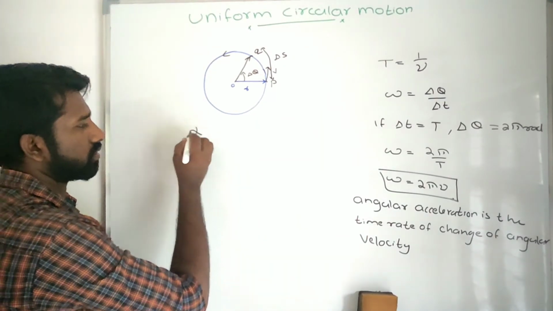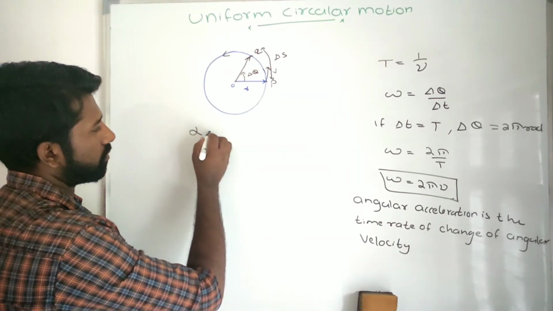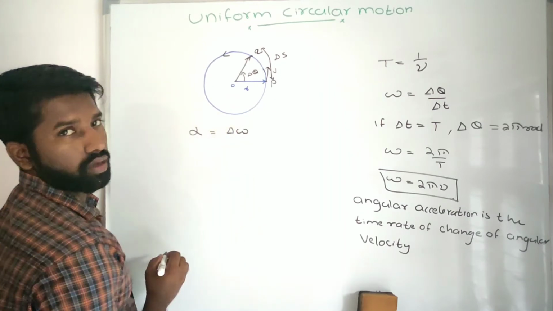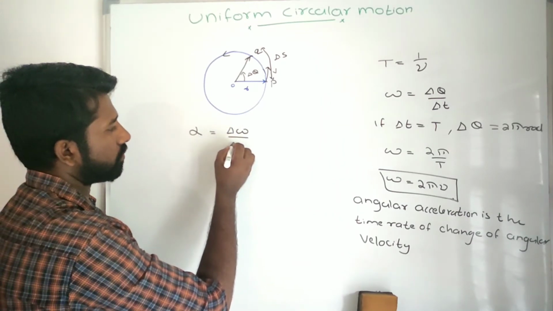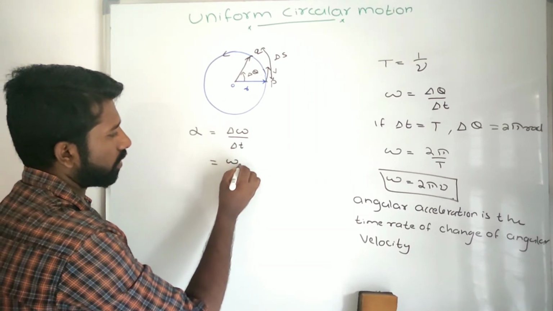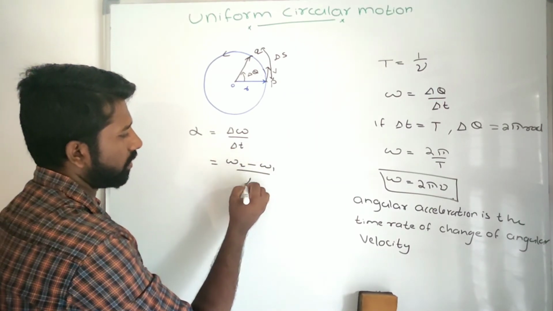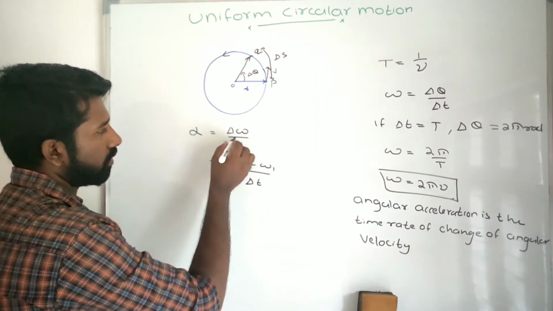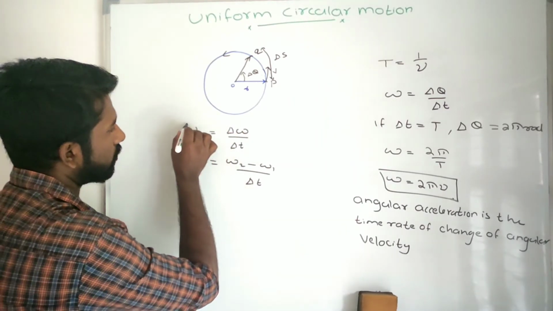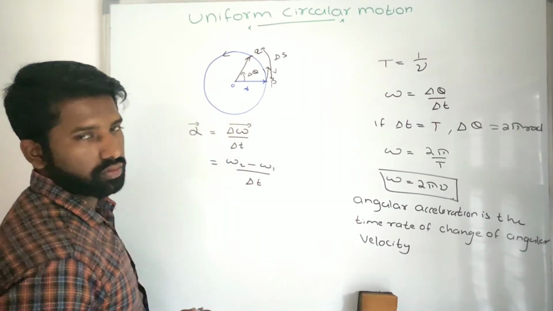Angular acceleration is represented by alpha. So alpha is equal to change in angular velocity divided by time, which is omega 2 minus omega 1 divided by the change in time. Angular velocity is a vector quantity, so angular acceleration is also a vector quantity.